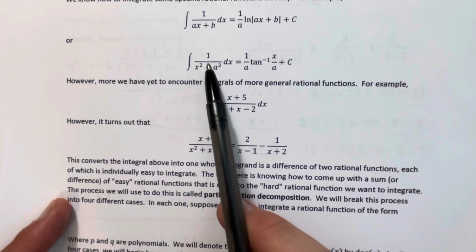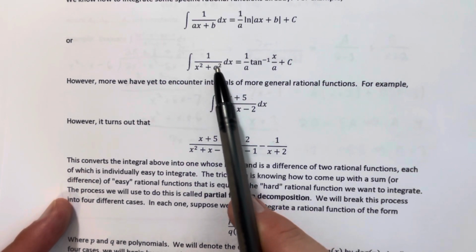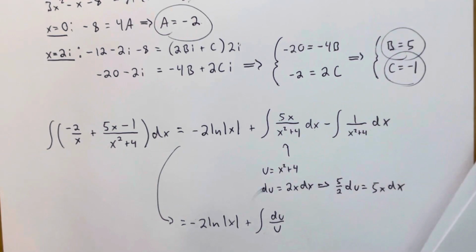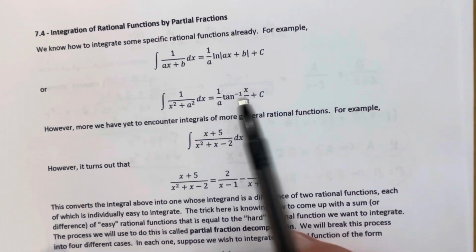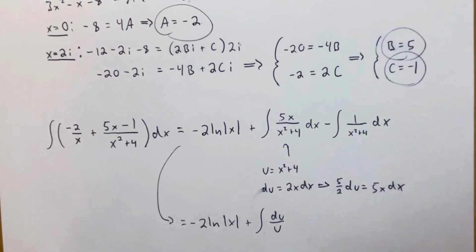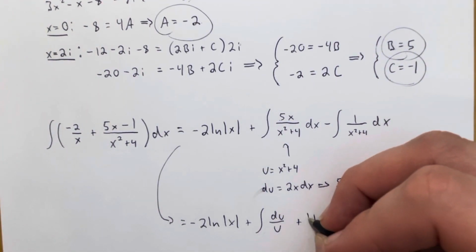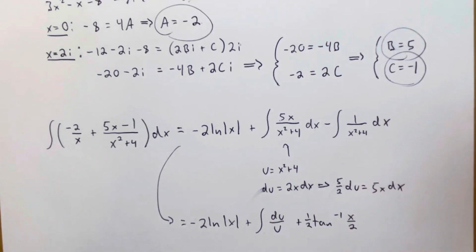It's of this form, 1 over x squared plus, in our case, 4. But 4 is 2 squared. So this is what I have here, but the a squared is equal to 4. So a is equal to 2. So if I plug a 2 in for the a's here, I'm going to get plus the inverse tangent. I have a 1/2 on the outside, I almost forgot to write, of x over 2.